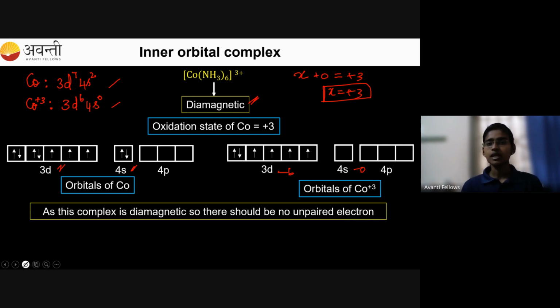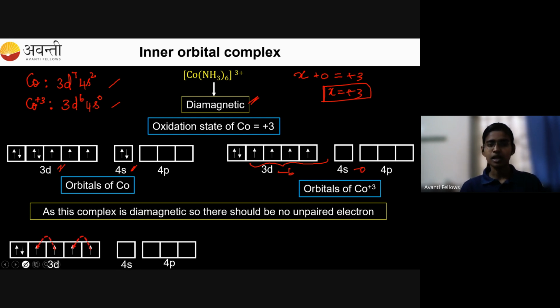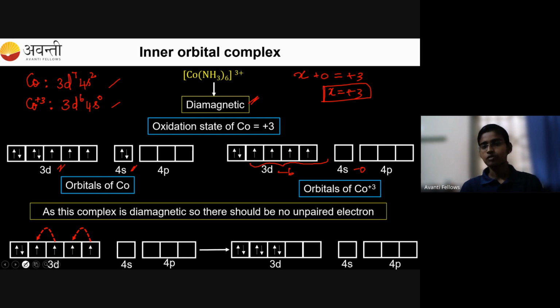But here, if you can see, there are 4 unpaired electrons present in the metal orbitals. Now what do they have to do? They are going to pair among themselves. So all the unpaired electrons are going to get paired and the configuration becomes like this. Here in this configuration, you can see there is no unpaired electron present.